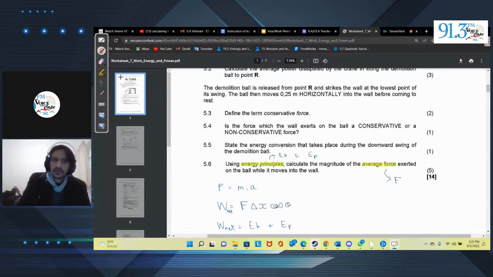Or, as they might put it in your notes, the change in potential energy, change in U, plus the change in K. And this translates into mgh final minus mgh initial plus half mv final squared minus half mv initial squared.